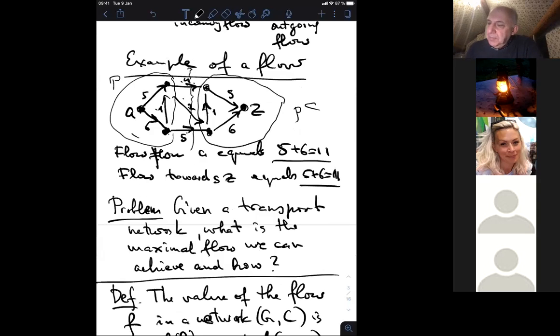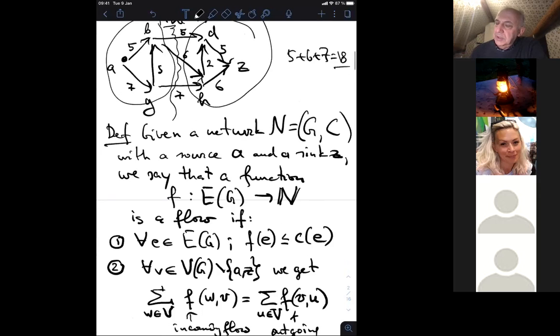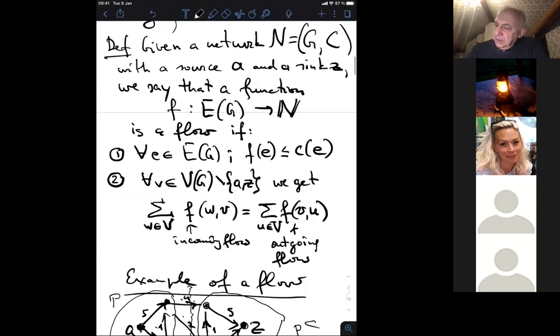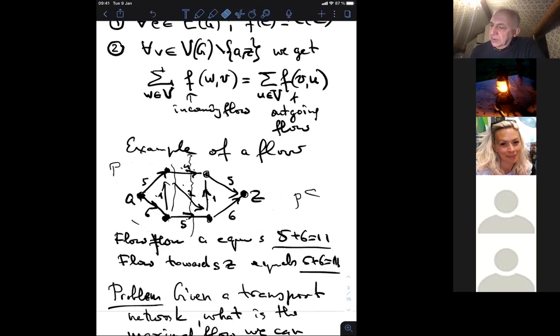So here was an example of the flow. And my network had this situation: I had capacity 5 at this edge and 6 at this edge. Now, going to my flow here, let me remove this thing and that thing, where we try to do some cut.